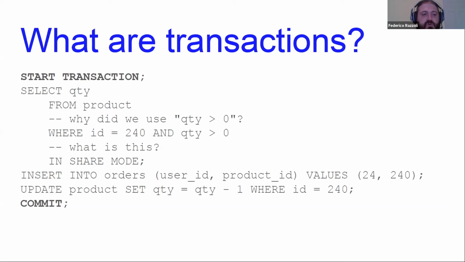I ran a query on product. I checked the quantity. Basically, I want to know if there is at least one product available in the stock. I also add lock in share mode, which means it puts a lock on this row. Then I run an insert to create an order, and then I run an update to decrease the quantity of the product in stock. And then I commit, and this is very logical.